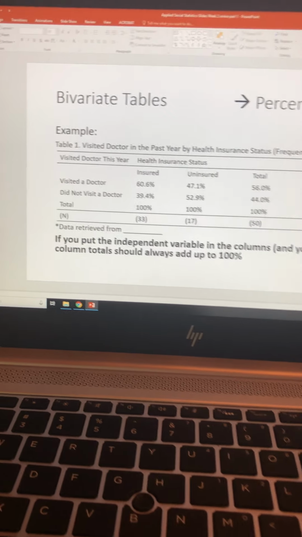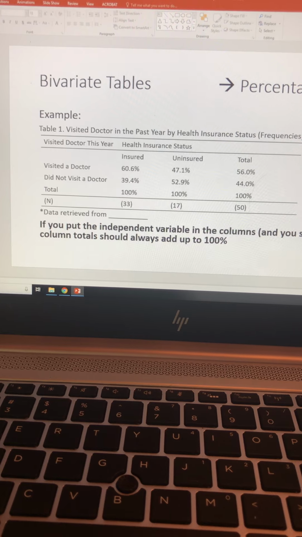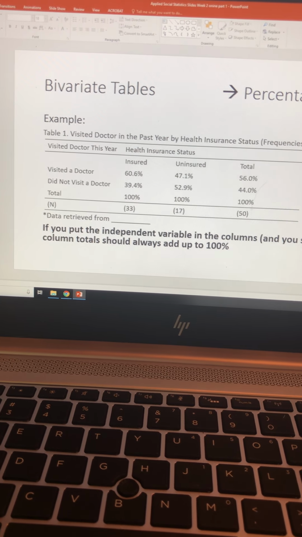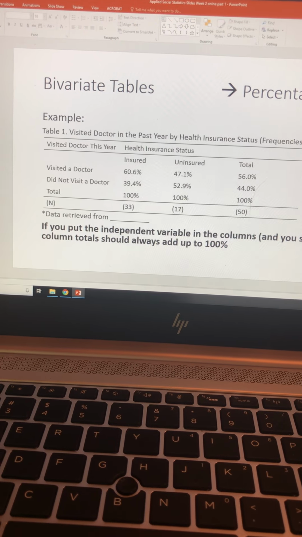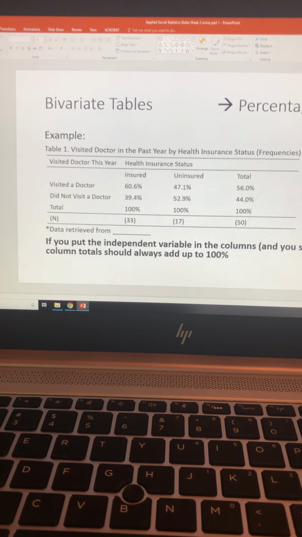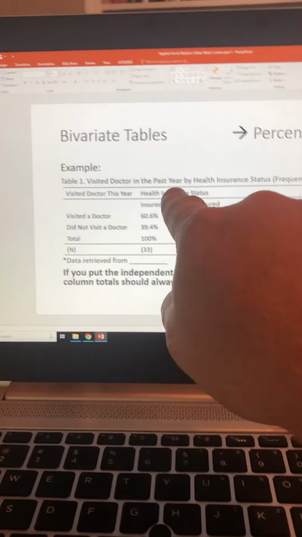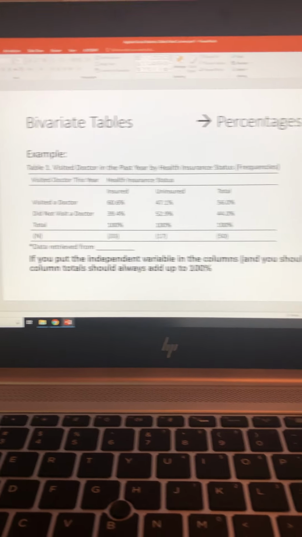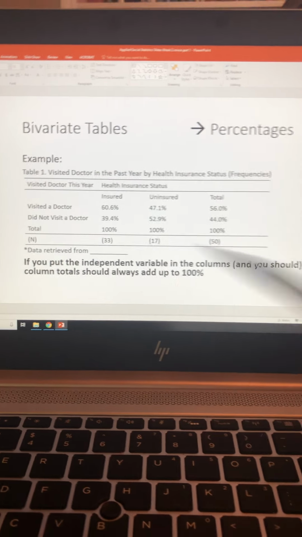Who are these people who don't have health insurance? Well, they oftentimes are people whose jobs don't provide it, or people working in temporary positions, part-time kinds of jobs. Typically, people without health insurance compared to people with health insurance tend to be a little bit lower income, so that could relate to it.